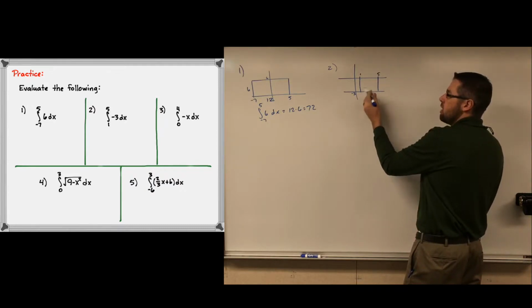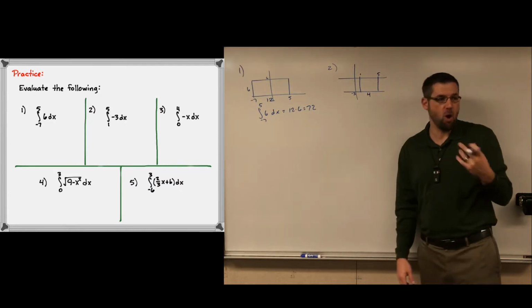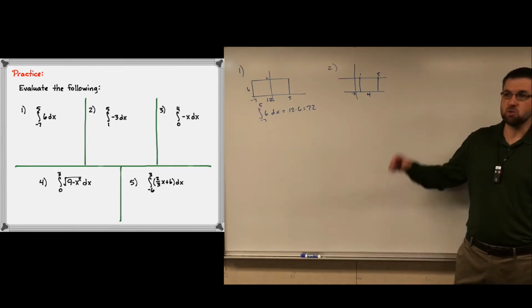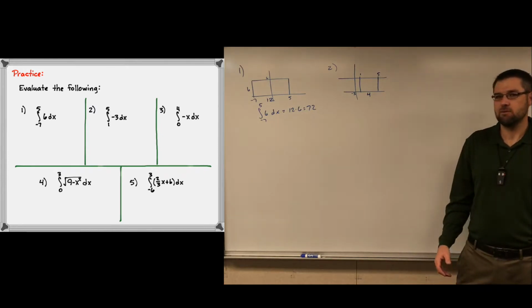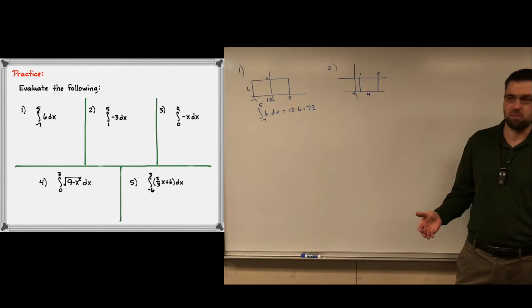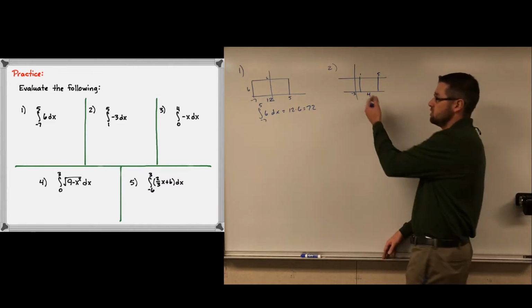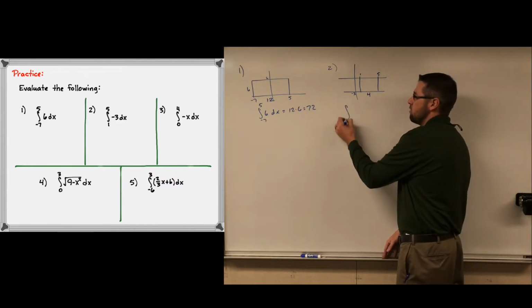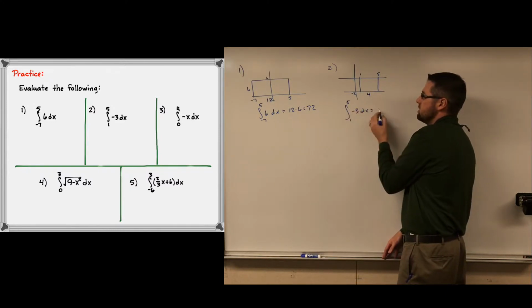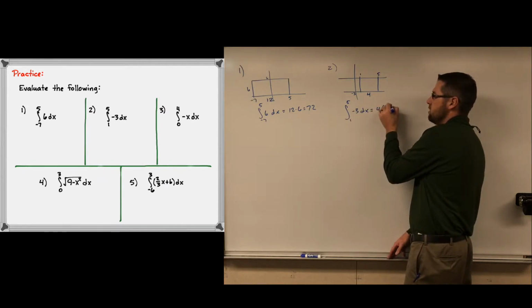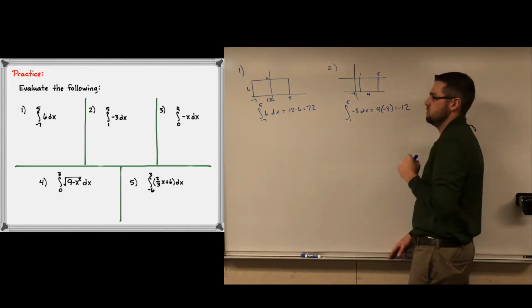Now this is how you can think about why it gives you a negative number. Because what is the height? Well, technically the height is 3, but it's in the negative direction. So we could say it's negative 3. So we'll say the integral from 1 to 5 of negative 3 dx is equal to 4 times negative 3, which is negative 12. You guys okay with that?